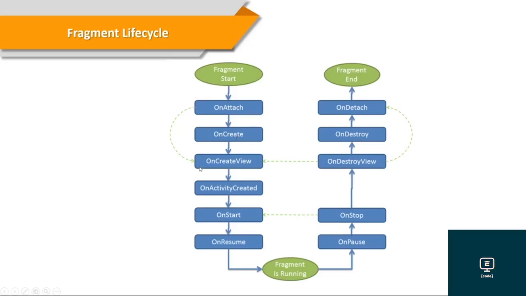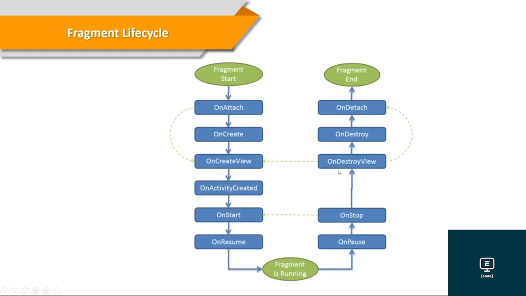And then after they get going, these three methods start to work: onActivityCreated, onStart, and onResume. With the onResume method, the fragment continues to work. When the fragment closes, these methods start to work: onPause, onStop, onDestroyView, onDestroy, and onDetach.